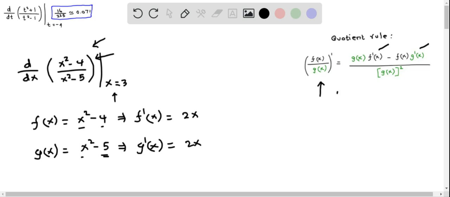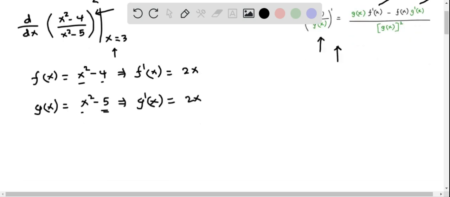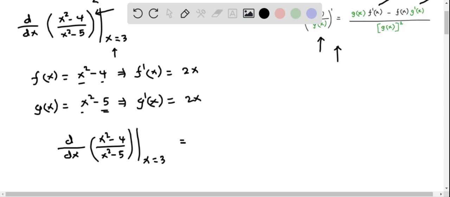Now we can apply this quotient rule. So when we do that, we get the derivative, that is, we have this expression d by dx of x squared minus 4 over x squared minus 5, and this has to be evaluated at x equal to 3, and this equals, we have to first put g of x.